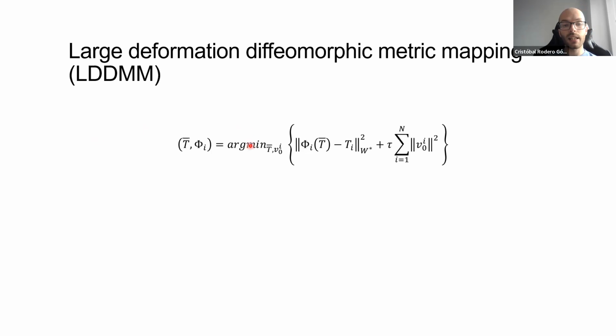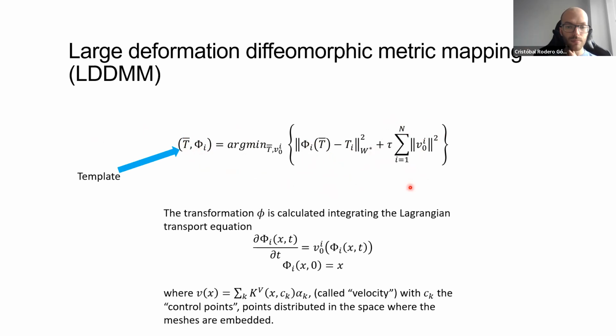So the idea is that if phi here is the transformation that we're looking for, and the bar is the template, so the average shape, we choose one of the hearts as the initial one, and usually the initial transformation is just the identity. So we measure how far it is, and then we have some regularization technique to avoid overfitting.